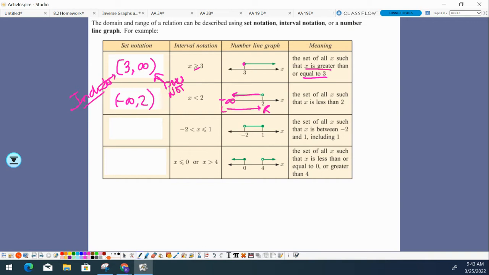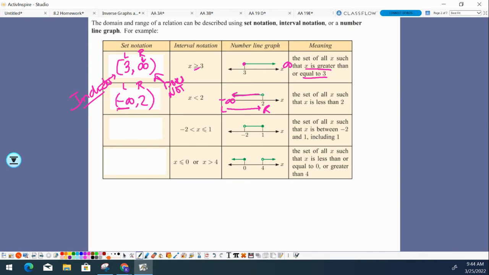So with X, it's really important that this is the furthest to the left, furthest to the right. So you can only use positive infinity for the furthest to the right, because positive infinity is always on the right side. If you use negative infinity, that's always on the left side.